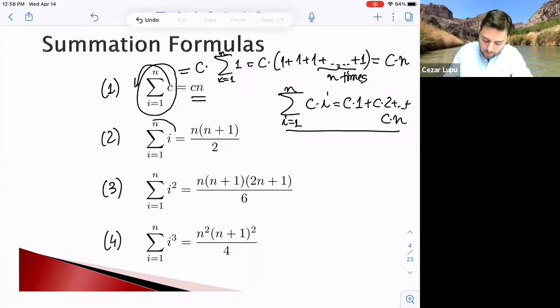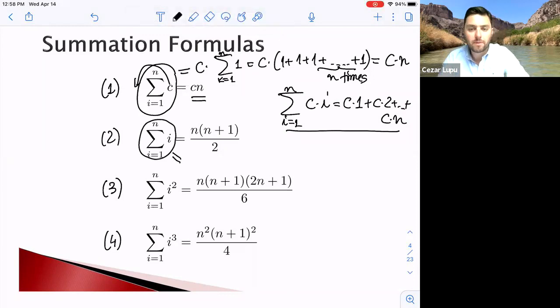How can I write this? We sum up all i's from i equals 1 to n.